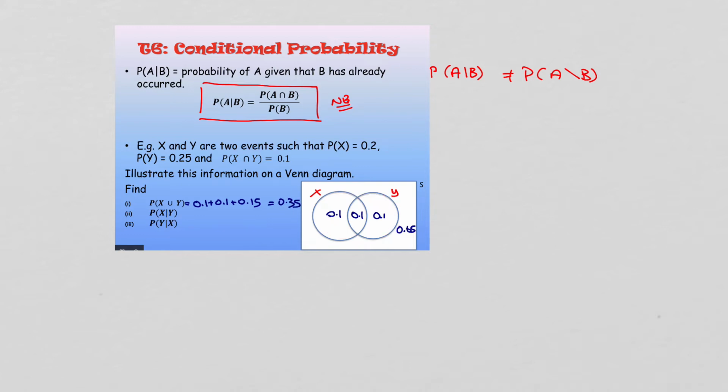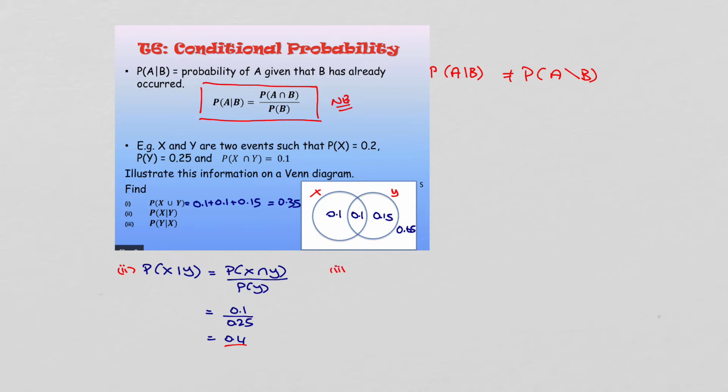So for part 2, if we're looking for the probability of X, given that Y has already happened, well, that means I need to find the probability of X intersection Y over the probability of Y. So X intersection Y is 0.1 over the probability of Y is 0.25. And 0.1 divided by 0.25 is 0.4.